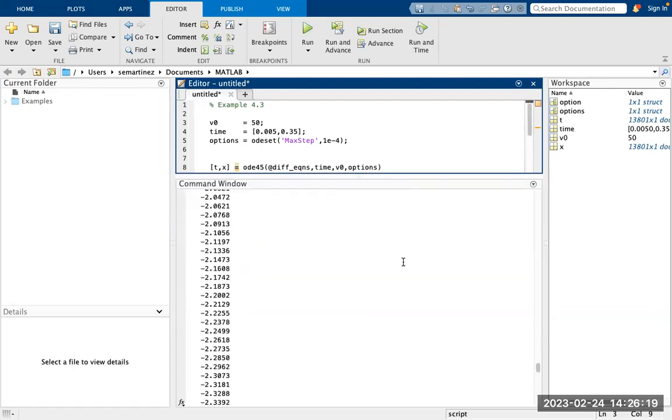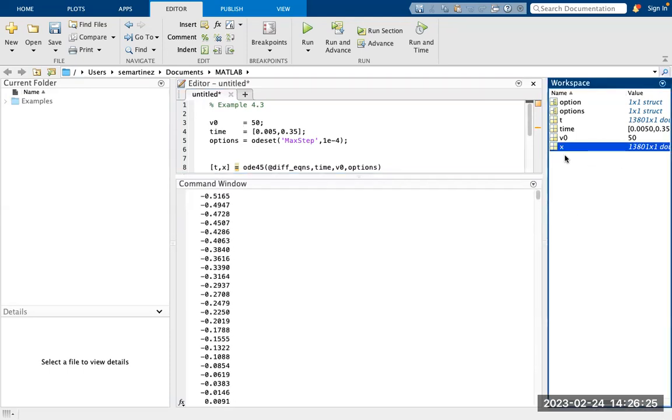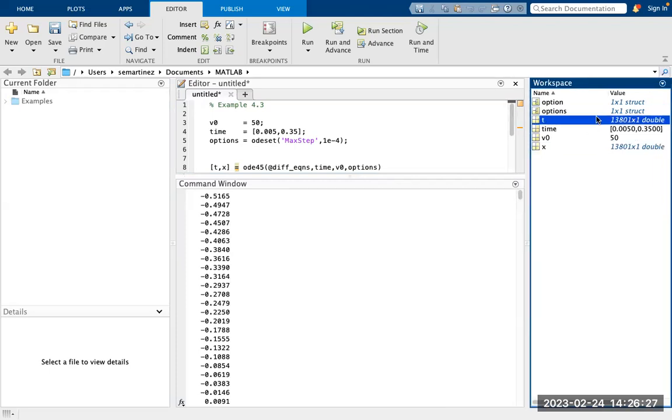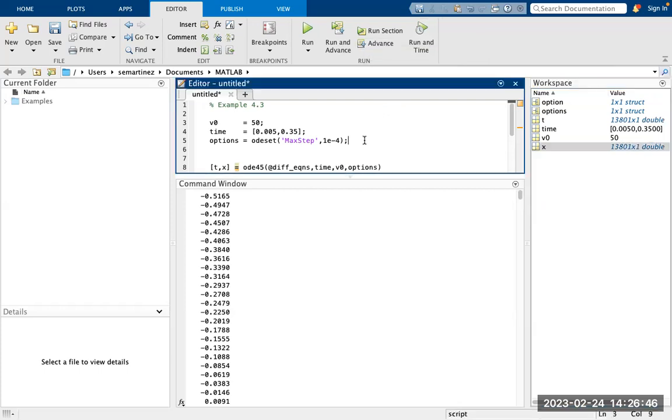So we have X and we have T. You can tell that this thing is not using a fixed time step, right? Because you have 13,801 points from 0.005 to 0.35 seconds.